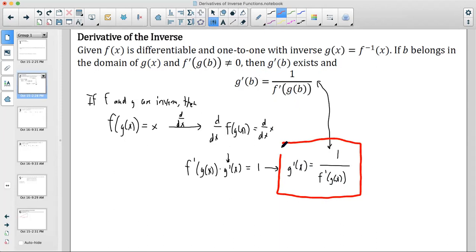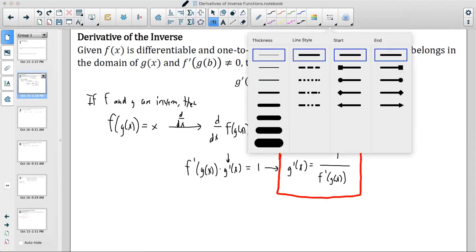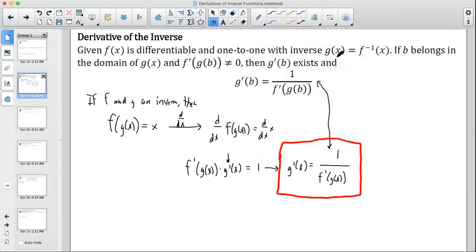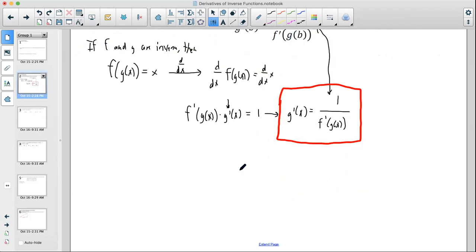Not every problem is phrased this way with just f's and g's, which makes this a little tricky for people. What if they said this was f inverse and f, and not g and f? It gets a little confusing. The other, probably most common, way to write this is that the derivative of f inverse, f inverse prime, is 1 over f prime at f inverse of x.